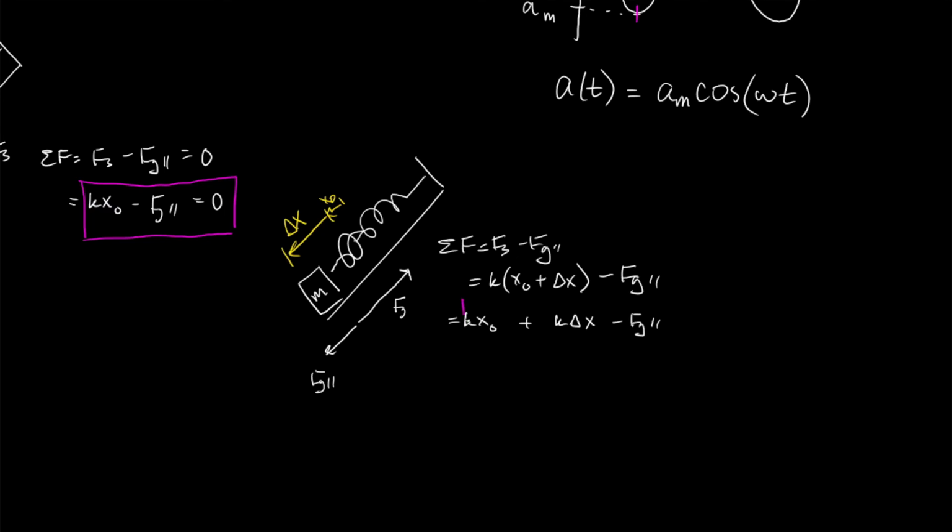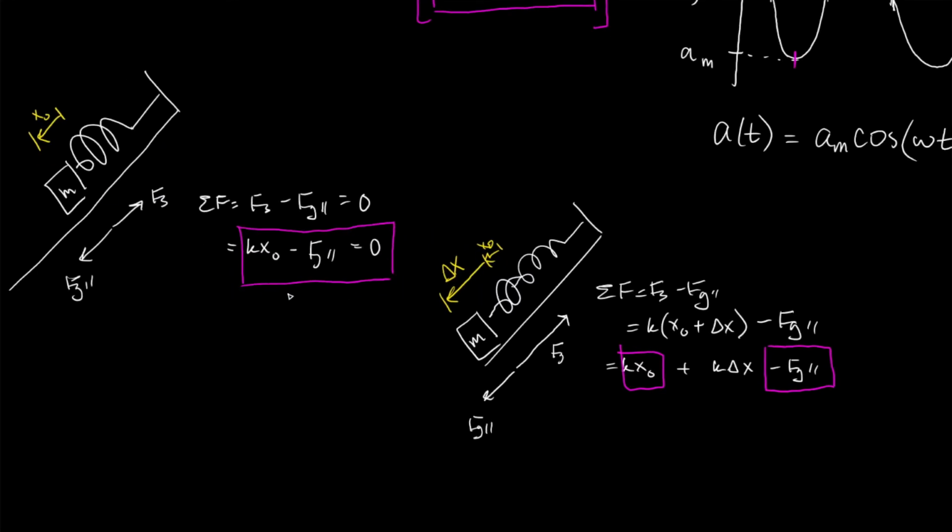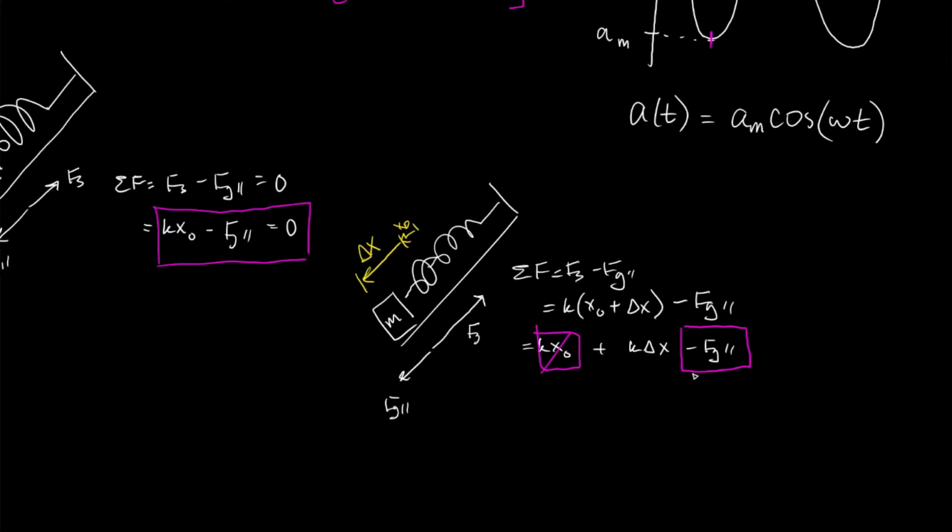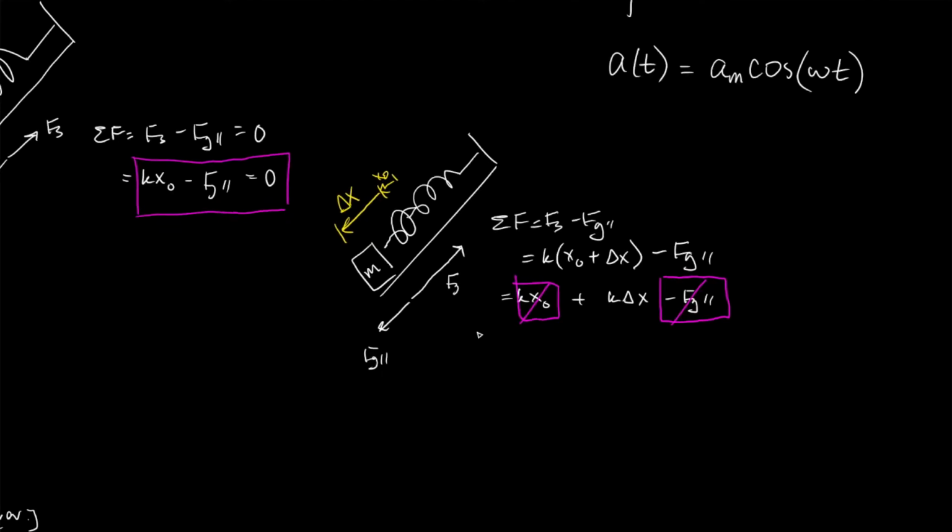And we'll notice that we have these two terms, k x naught minus Fg parallel, and we know from over here, those two added together equals 0. So we can cancel that out. And we find our net force equal to k times the amount that we pulled it down by.